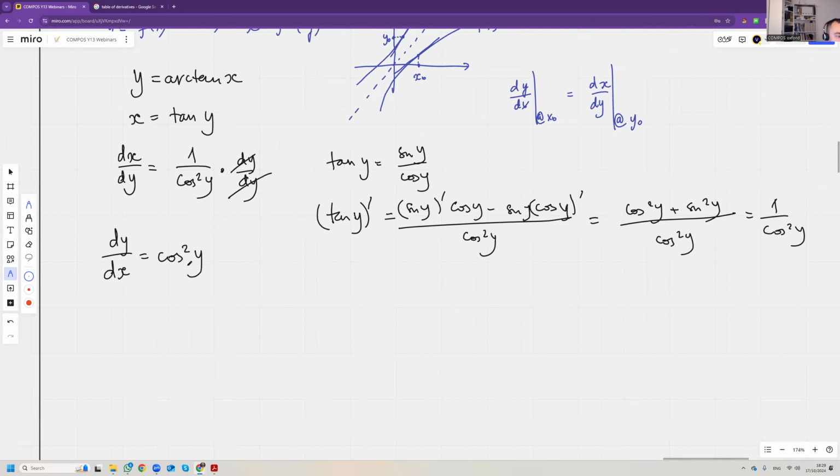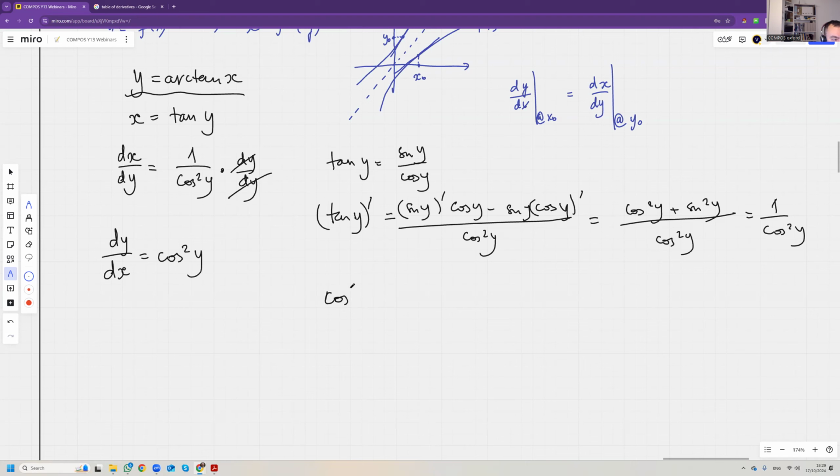All right, and now we need to express cos in terms of tan. Why do we need to do this? Because we can't find cos of arctan, so if we substitute this, it doesn't work.